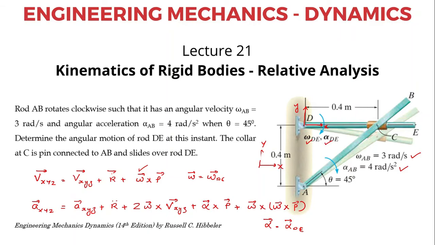Now first we will express omega DE and alpha DE in vector format. You can see that AB is undergoing a clockwise rotation, so rod DE will also be undergoing a clockwise rotation. Based on that we can write the vectors omega DE and alpha DE in terms of their magnitudes.